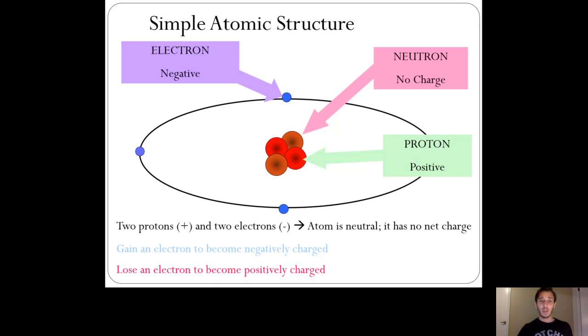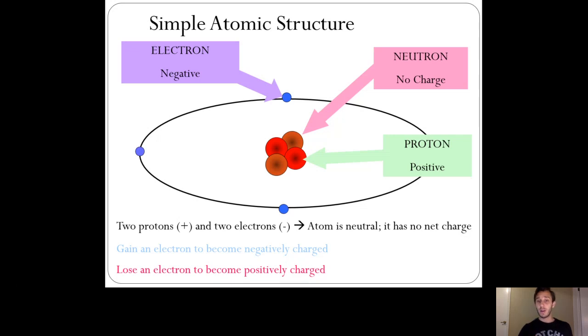In the center, that neutron has no charge. The proton is positive. And on the outside, ooh, look at that go. That's fancy distance learning right there. That is state-of-the-art technology. That's the electron, and it's negative.